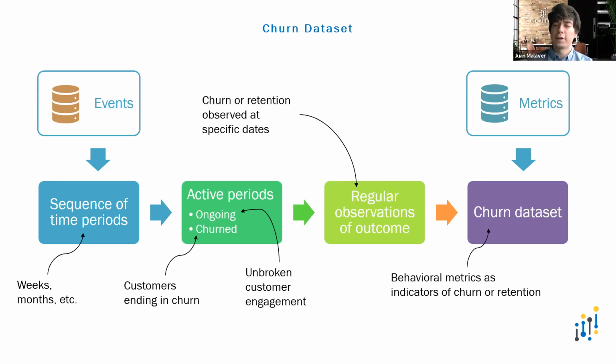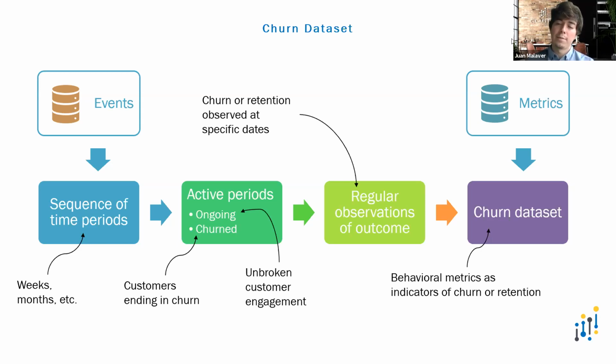We do this in a framework called a natural experiment. What I mean by natural experiment is that we're looking at past occurrences of churn. An outcome for a single customer is that they either churned or they didn't churn, so it's a binary outcome. We're looking at historical data to observe whether a customer churned or not.